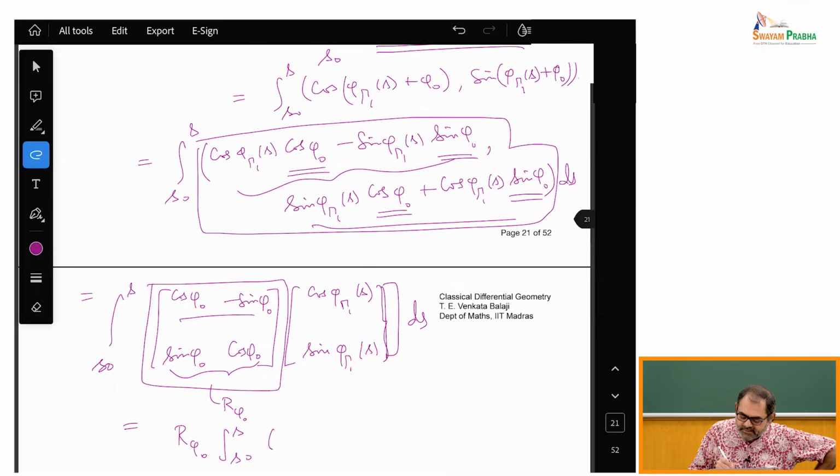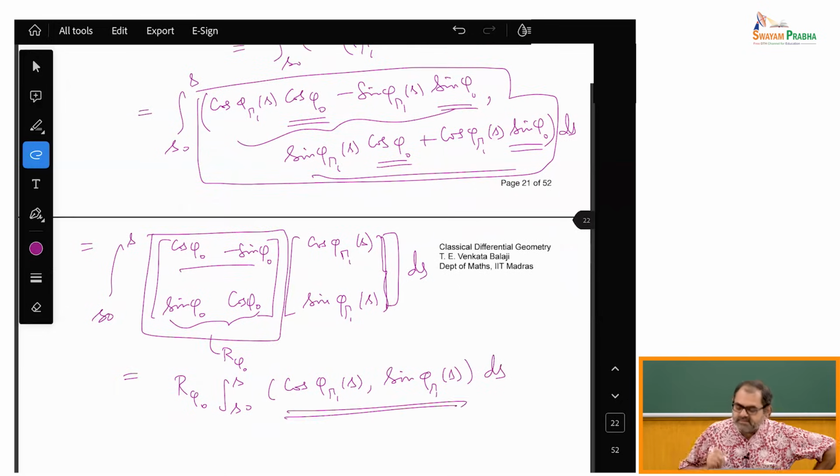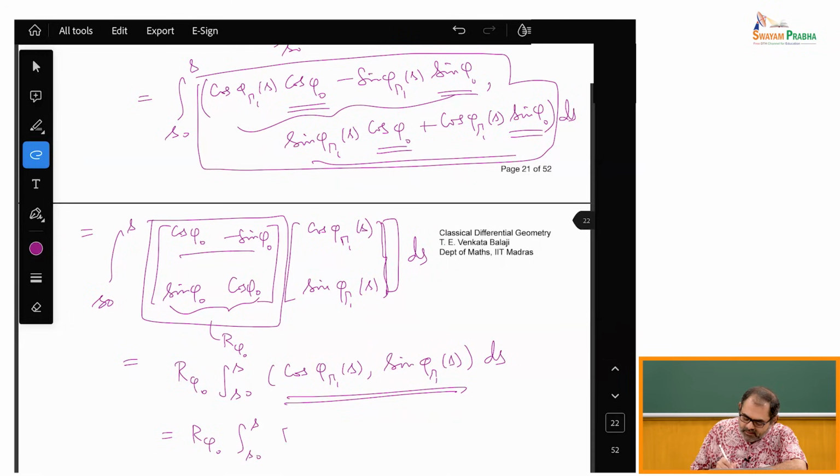What I will be left with inside is (cos phi gamma 1 s, sin phi gamma 1 of s) ds, okay. But what is this? This is exactly gamma 1 dot, because phi gamma 1 of s is the turning angle for gamma 1 dot. So this is actually R phi naught times the integral from s naught to s of gamma 1 dot of s ds, which by the fundamental theorem of calculus is R phi naught times (gamma 1 of s minus gamma 1 of s naught), okay.